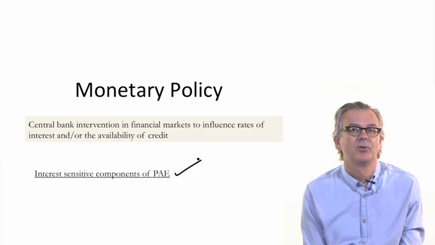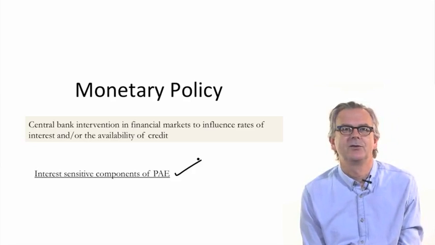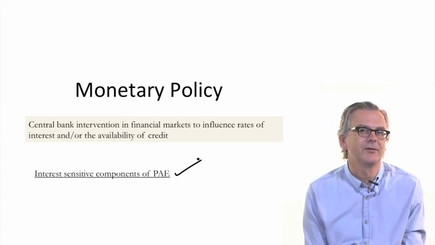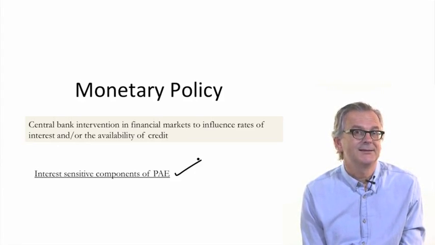But interest rates could be important as well. Think about your own behaviour and your own willingness to use a credit card, for example, to finance expenditure. Well, the interest that is levied on that credit card might have a role to play in your willingness to use that card for the purposes of expenditure.